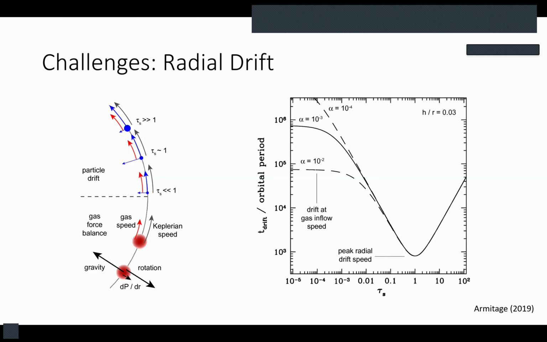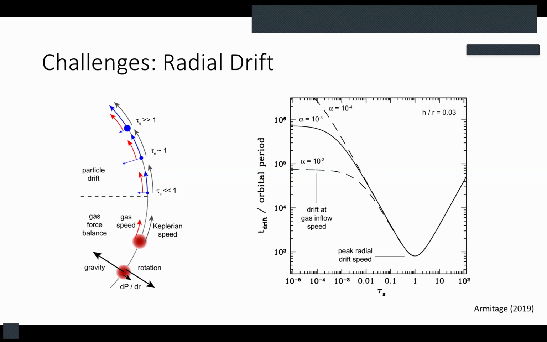On the right is a plot of the radial drift timescale against the grain size. We can see that for micrometer dust, because they are tightly coupled to the gas, they feel very little drift.